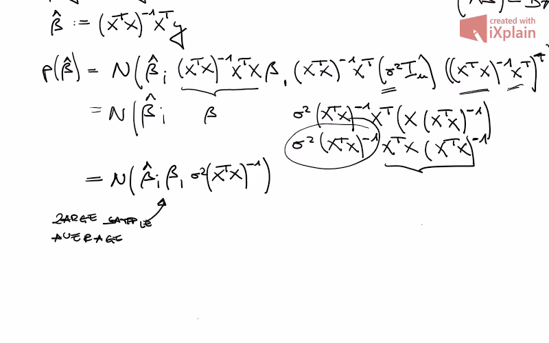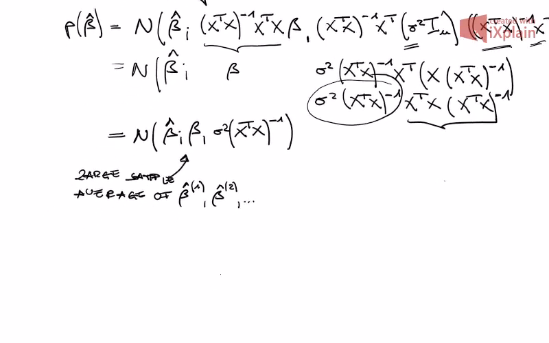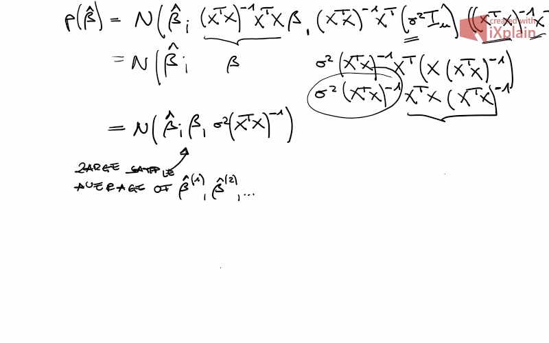So if you think about getting many realizations, so data realizations, and hence many parameter realizations, and then averaging over these parameter realizations, the long-range average of these will be beta, which is the true but unknown value.